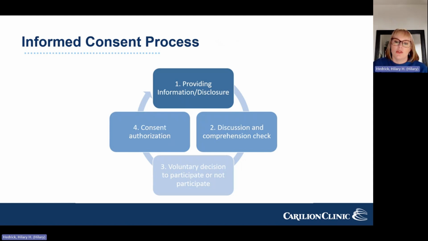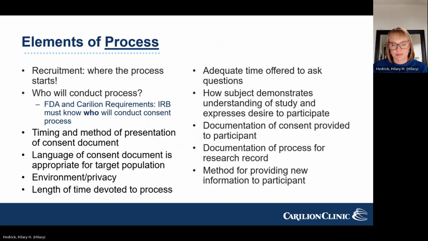You have the reconsent, and throughout the study, it's not just signature and done. It is continuous communication and it looks more like a channel where it keeps looping. You have the information, the discussion, the voluntary part, and then the consent authorization. But then it continues back because you still have to provide that information. Your study may change. One person says the only constant in research is change, and that's true. And so you have to be aware of that as you plan this.